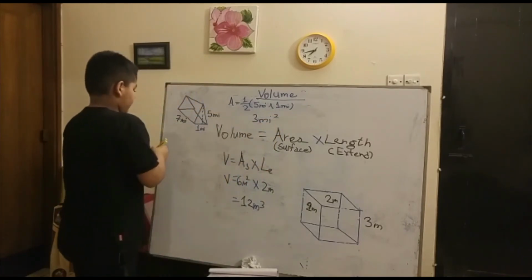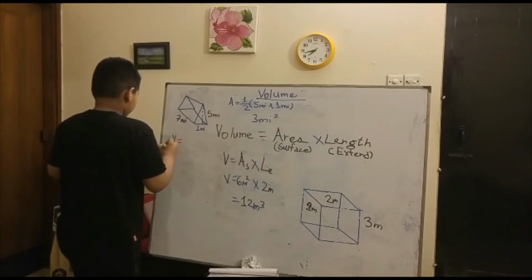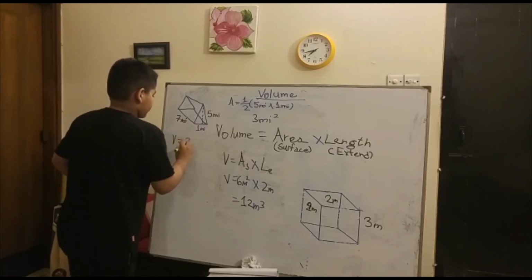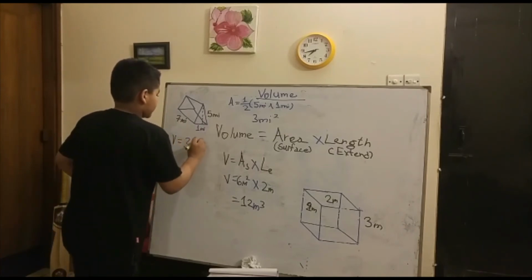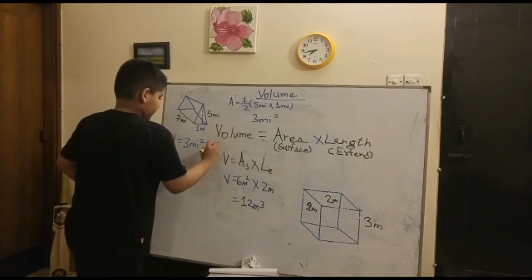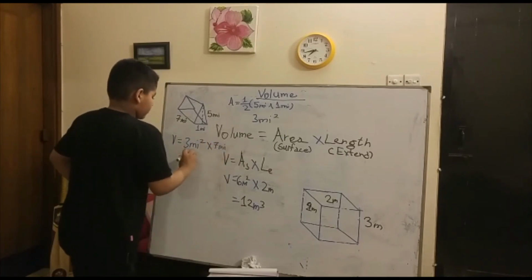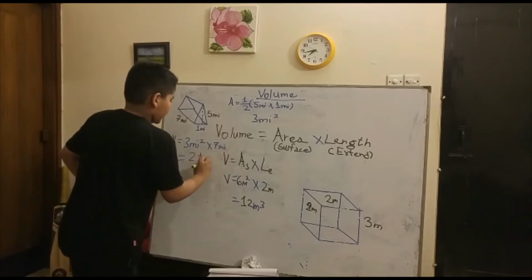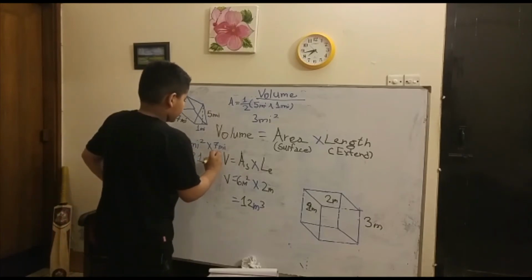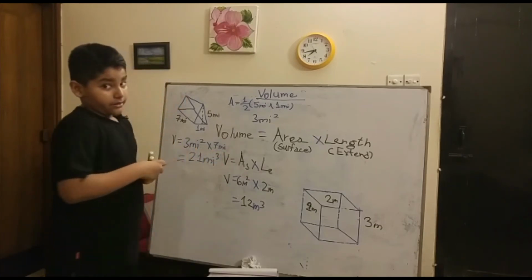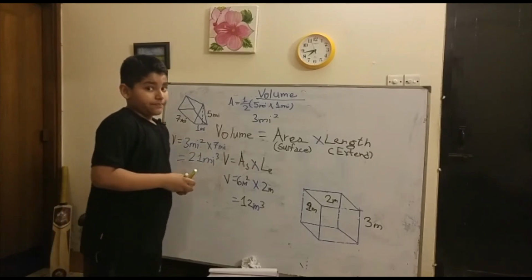Now the volume would equal 3 miles squared times 7 miles, which would equal 21 miles cubed. So the volume would be 21 miles cubed.